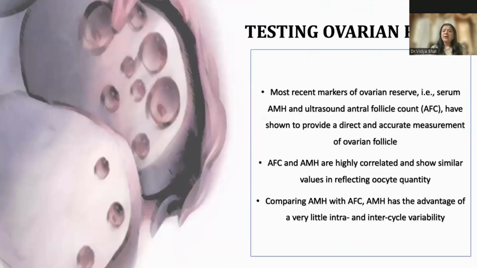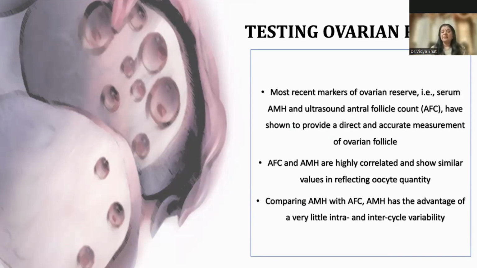Okay. So the different tests for ovarian reserve: the most recent markers are serum AMH and ultrasound antral follicle count, and they have been shown to have a direct correlation with ovarian reserve testing. AFC and AMH are highly correlated, and they give you the quality and quantity of the oocytes also.